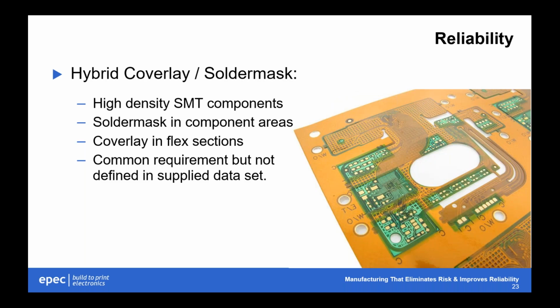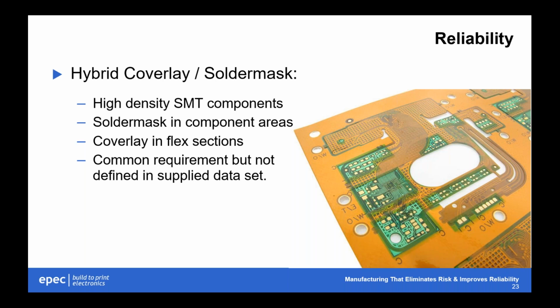The last item here doesn't necessarily pertain to reliability, but is still an item that we encounter on a regular basis. Many of today's flex designs utilize some very high density surface mount components. BGAs, 01005s, even smaller passives, and so forth, which in turn exceeds the ability of coverlay to define the surface mount features.